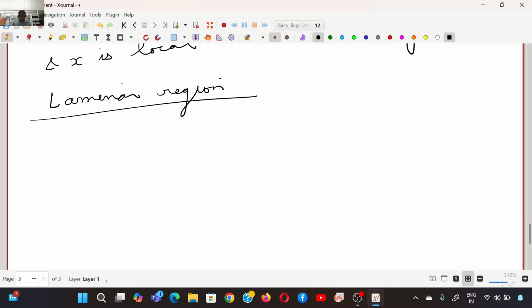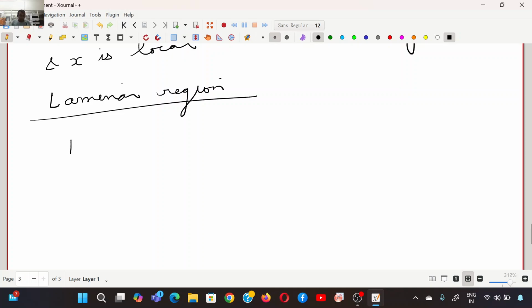So for laminar region, okay, for heat transfer in laminar boundary layer flow, the following correlation for the local Nusselt number can be obtained. This equation is given in the book by Vinay Kumar Datta, page number 111.